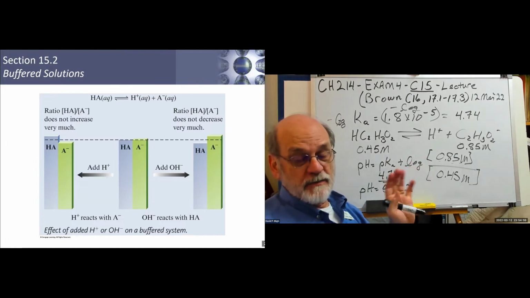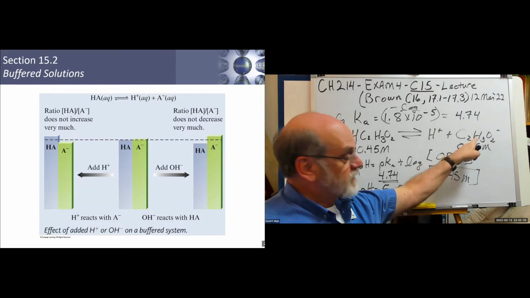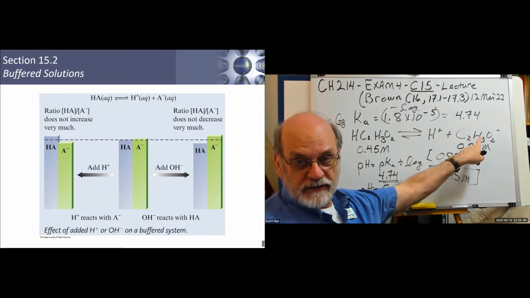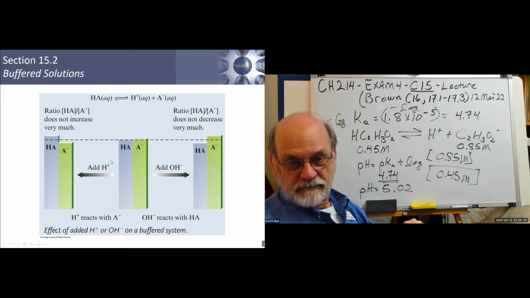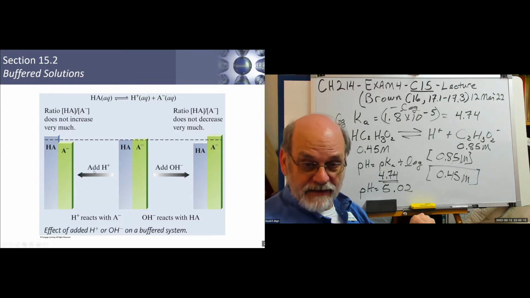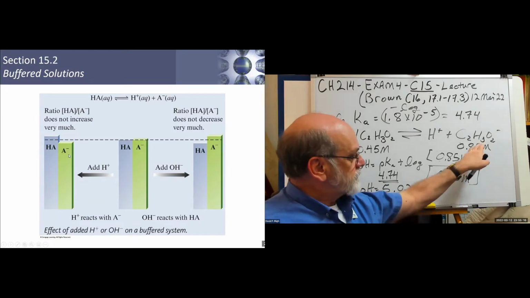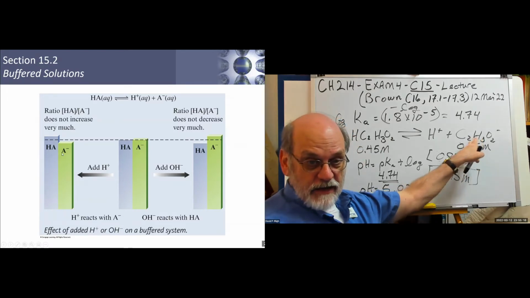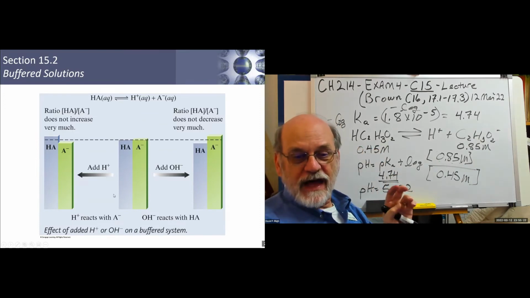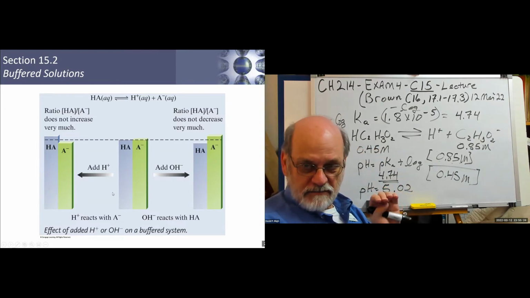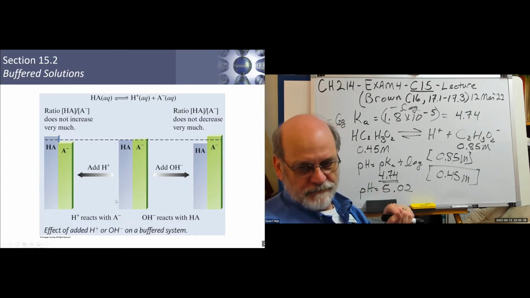It won't change much because most of that added acid is picked up by that strong conjugate base. Okay, that's what happens here. In this case, where we add acid, you go to the left and you decrease some of that and you increase a little bit of that, but the hydrogen ion concentration doesn't move very much. It moves some, not much.